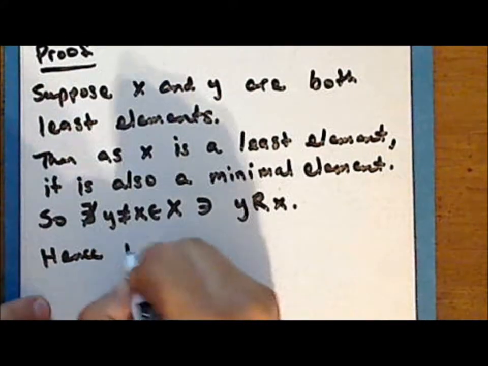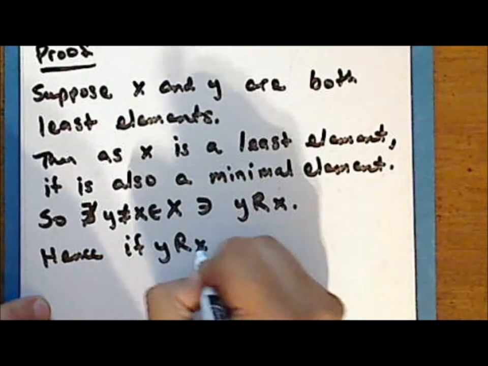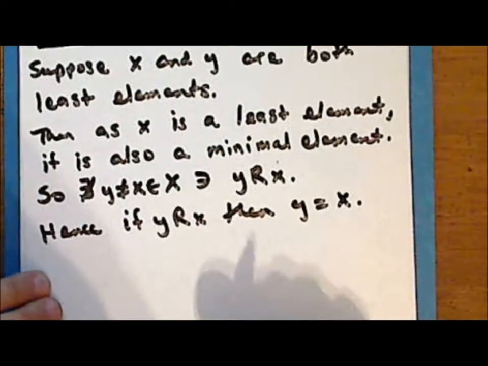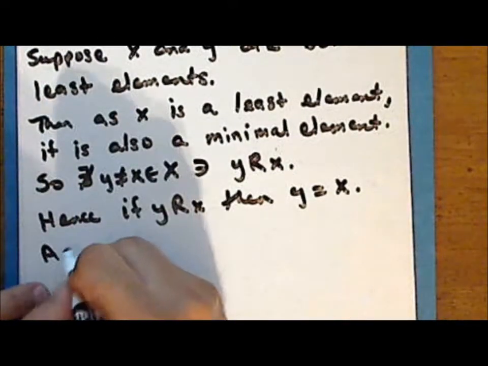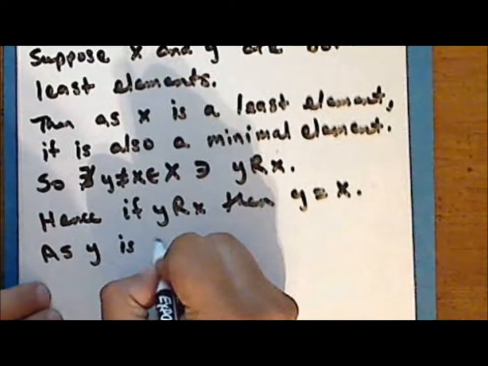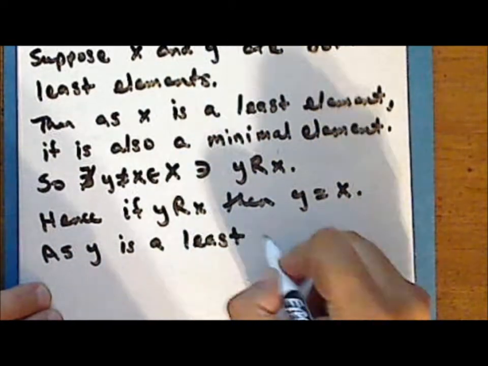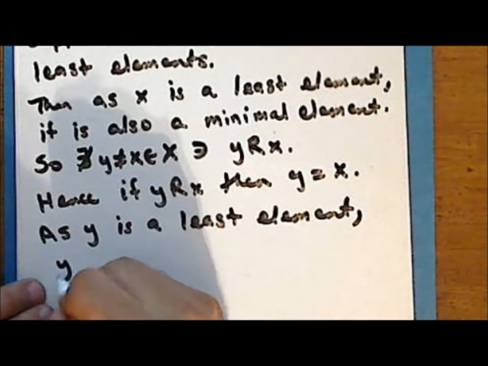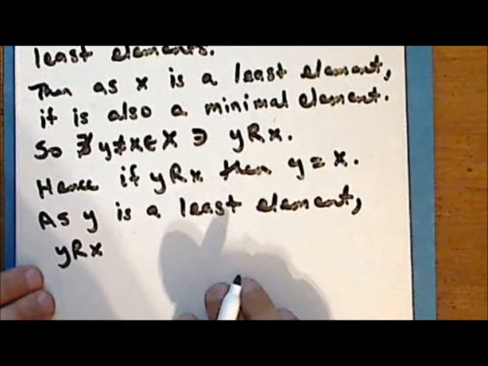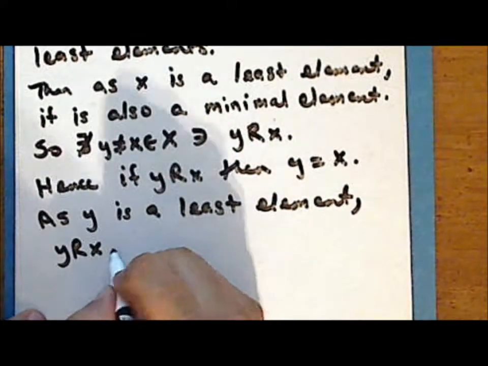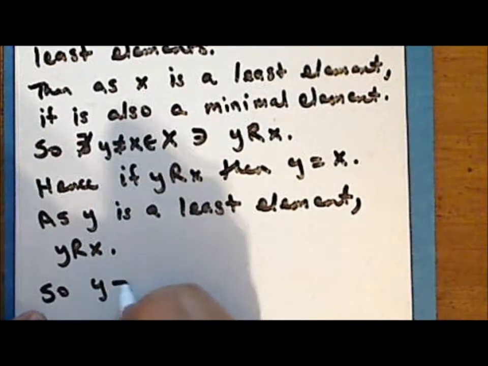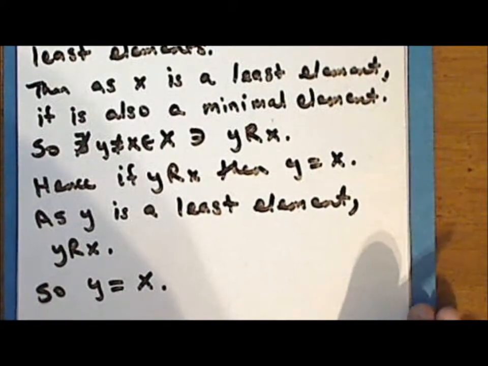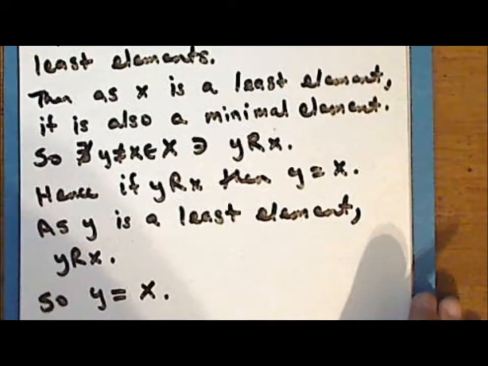And hence, if y is related to x, then necessarily y is equal to x. So as y is a least element, y is related to x for any x in the poset, and so we can conclude that y is equal to x. And so if the least element exists, then it is unique for a given poset.